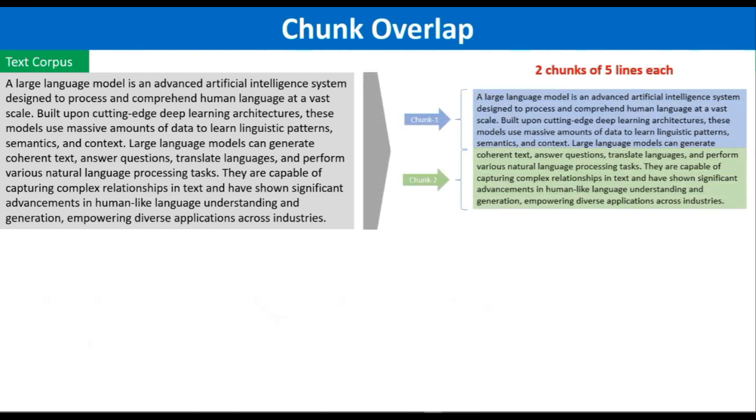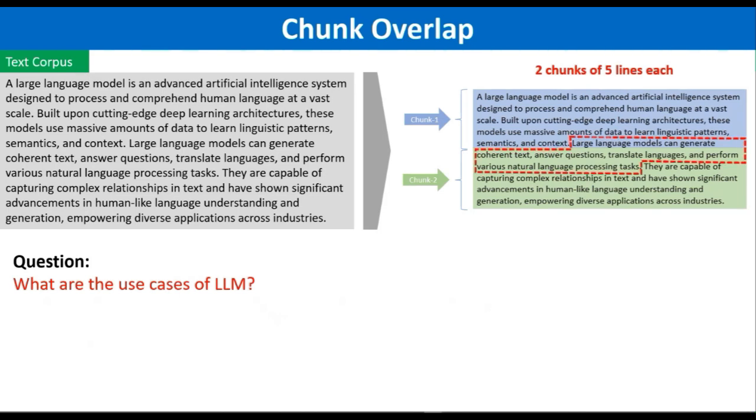And then when we are trying to answer a question like this, what are the use cases of LLM, if you notice, we don't have the right information in either chunk because it is split apart. To answer this particular question, some part of the text is in chunk 1 and some part is in chunk 2. So the answer to this question lies in this part, which is crossing over two chunks.